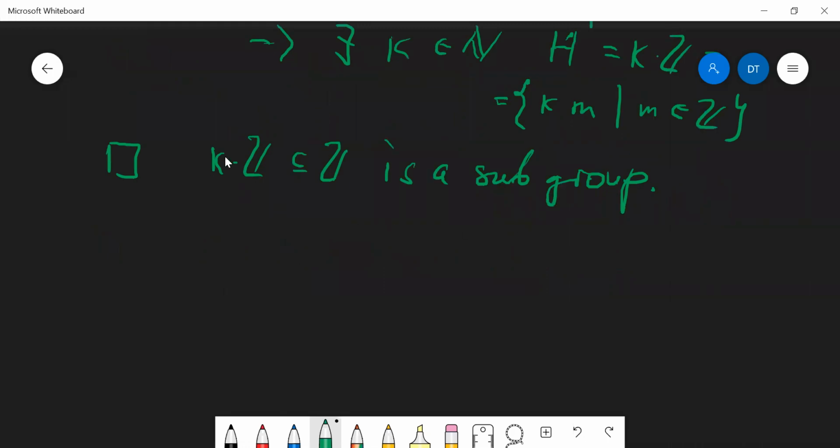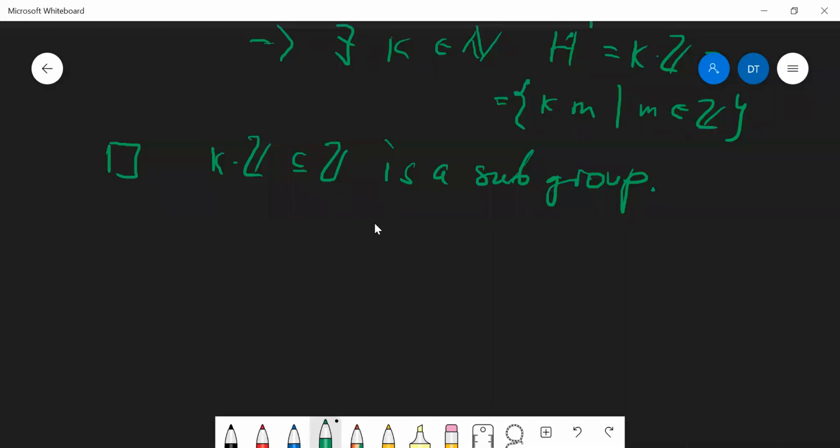Just in case, I want to recall that we should check three properties: that the zero element is here; if some element is here, then its inverse, the minus element, is here; and if two elements are here, then their sum is also here. These are the three properties we have to check in order to conclude that this is a subgroup. This must be clear just from the definition.